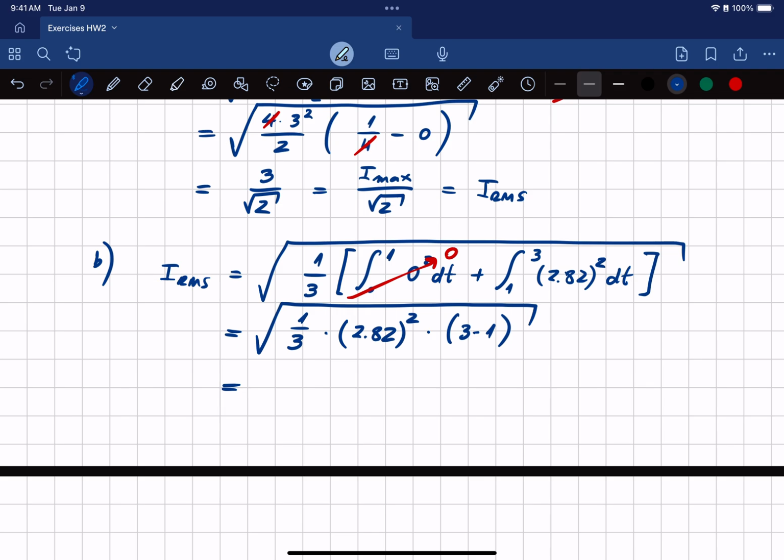Now we only need to calculate. I haven't calculated this one. So if we do this calculation, square root of 2.82 square times 3 minus 1, which is 2, divided by 3, that is going to give us 2.30 milliamps. And it makes sense, right?